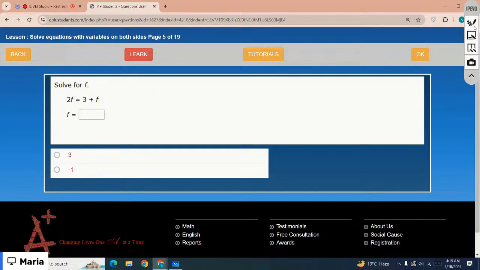The correct option is f equals negative 1. Option number 2 is the correct option, right?